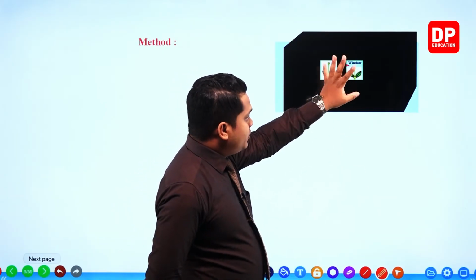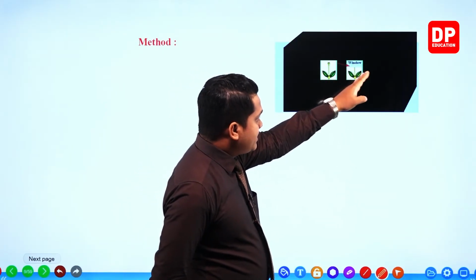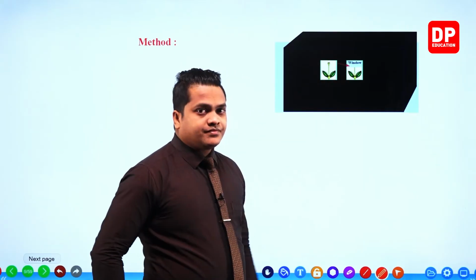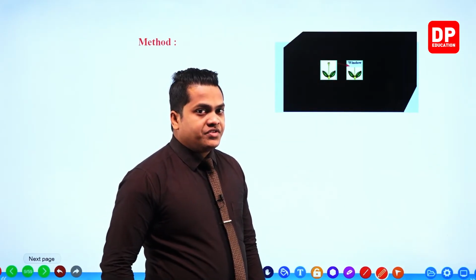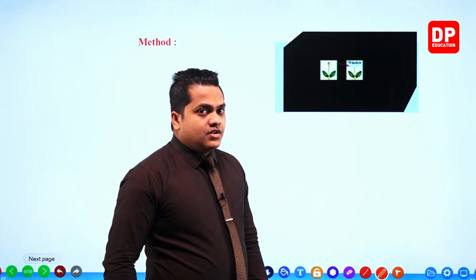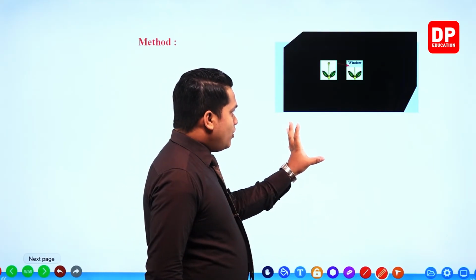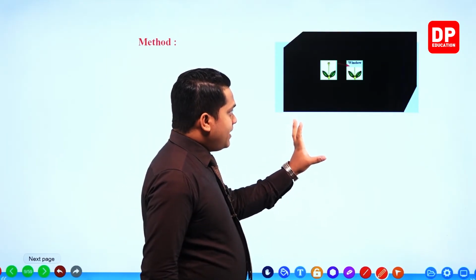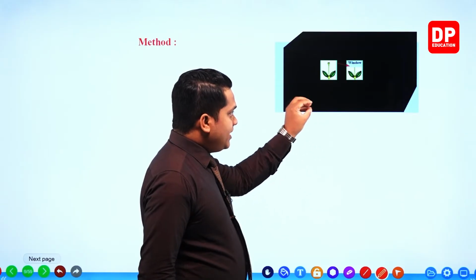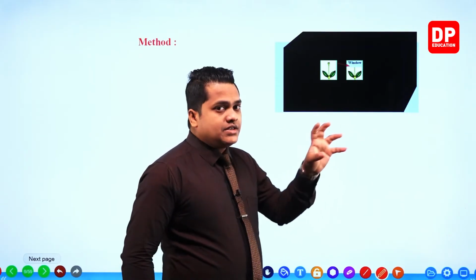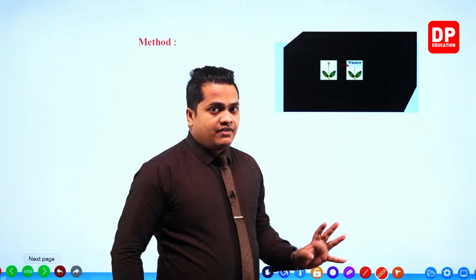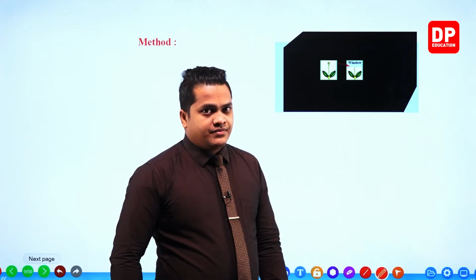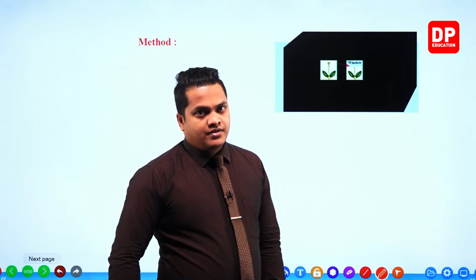However, in the second one, you can clearly see that the apex has been removed. Both the plants are now inside the black box. You have to keep the black box near a window so that it will receive sunlight. So this is our activity, my dear children.